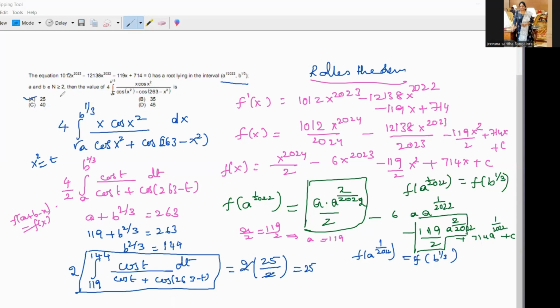Although there is some lengthy working in this, the connection of the concepts is very clear when you look into the question itself. Firstly, we are using the integration concept and integration properties. Secondly, we are using Rolle's theorem to show that there is a root lying in that interval.